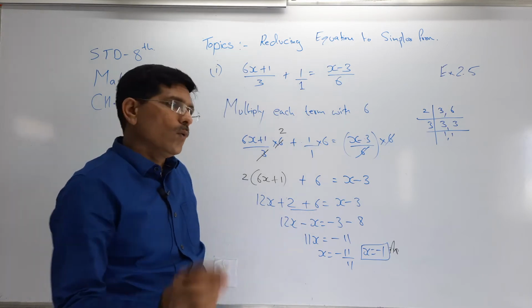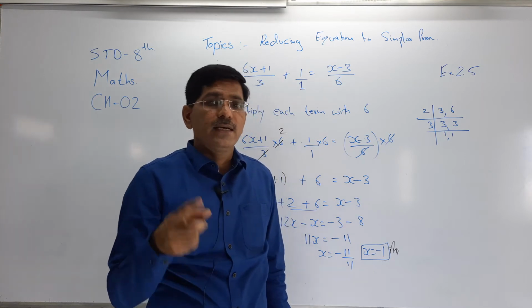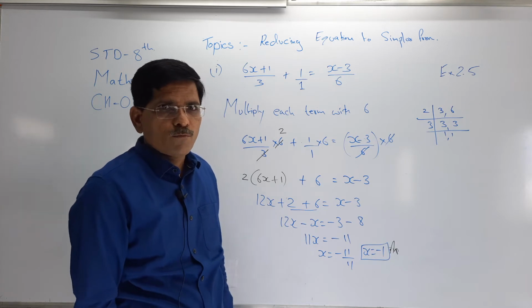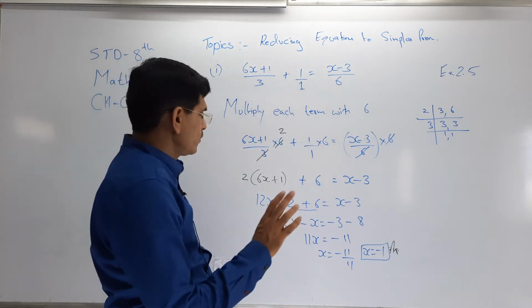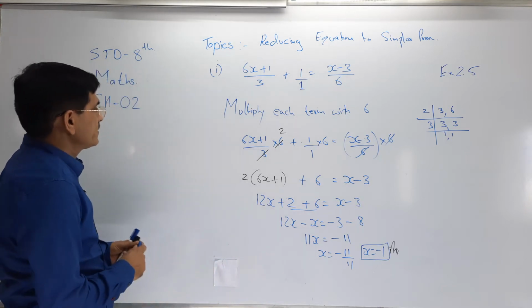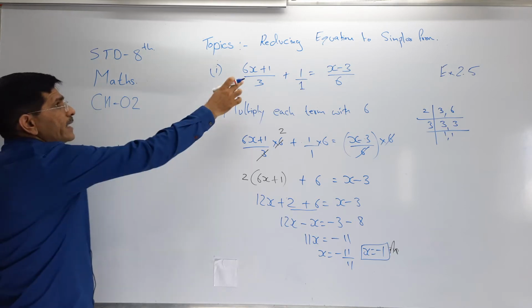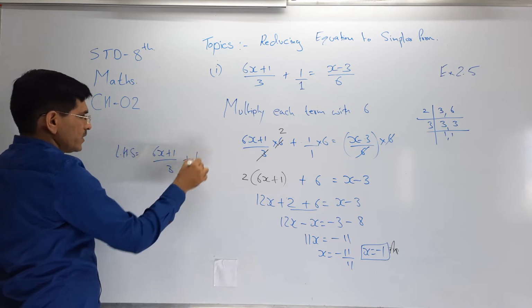Now in the last lecture what did we see? Whatever answer we get, we have to put the value in the left hand side and right hand side. If they are equal, then our answer is correct. So we have to check the left hand side and right hand side. The left hand side is 6x plus 1 upon 3 plus 1.